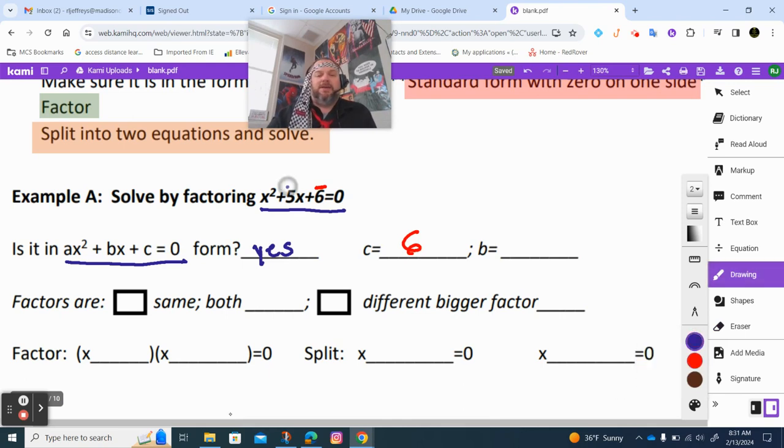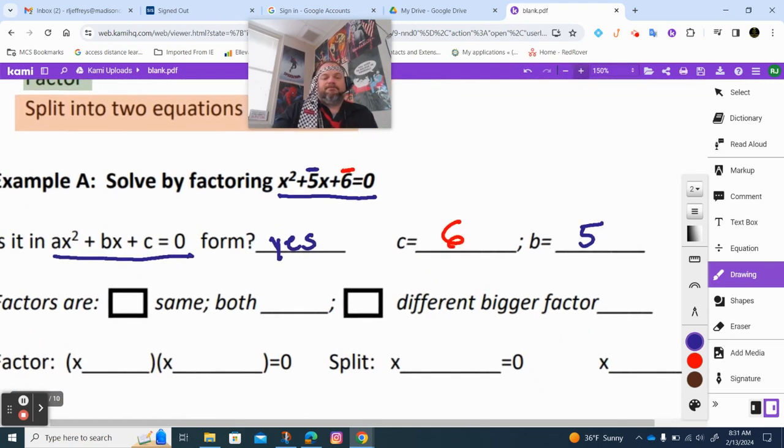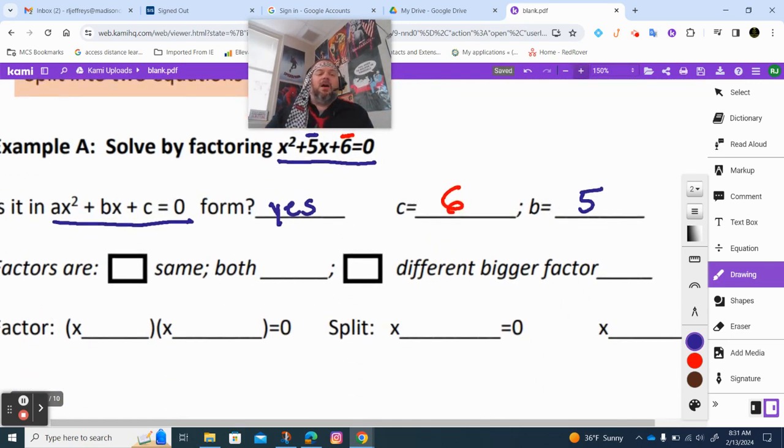What is my B value? 5. All right. Now, are my factors the same or different? Same. They're both what? Positive.